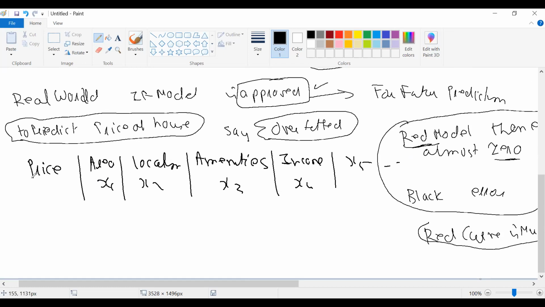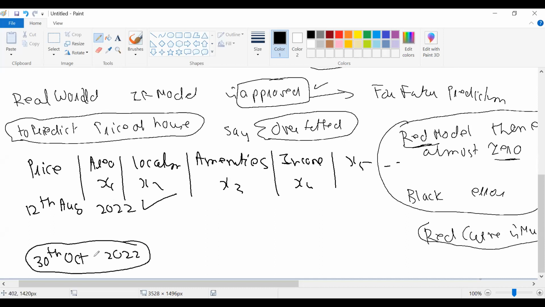Okay. Now, let me say you have deployed the model. Today is, let's say, 12th August 2022. On this date, model was built, model was approved, and you started using the model. Let me say by the time Diwali came, let me say 30th of October, so almost 3 months down the line, do you notice that preference of the people will change? Maybe the income of the people might have changed.